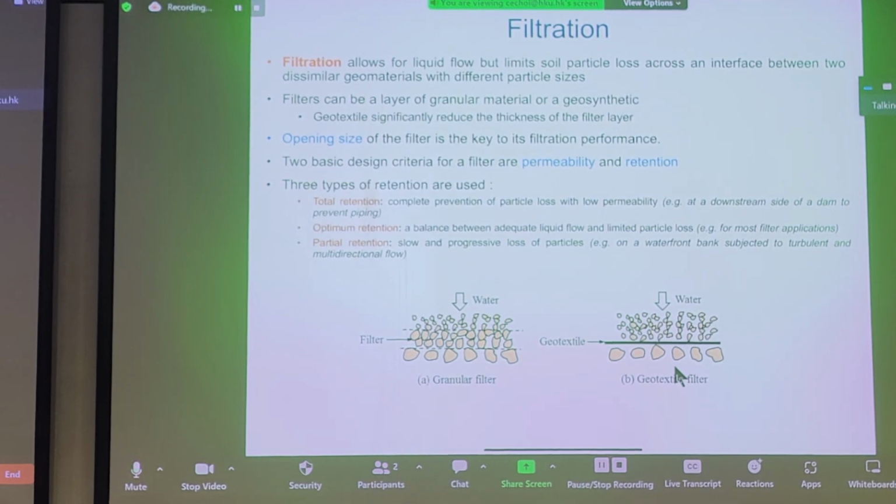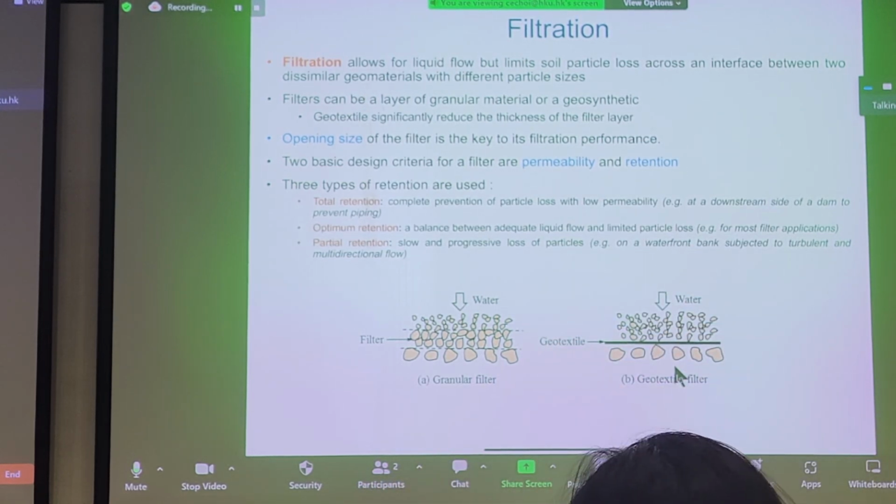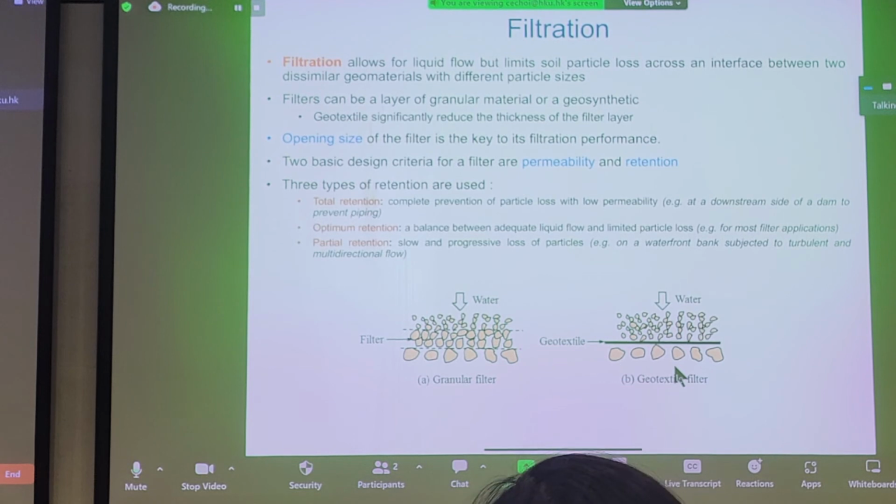Now, there's also one type of groundwater control measure, such as filtration. Filtration allows for flow, except it tries to not let particular particle sizes pass through. As I mentioned, you can create filters using soil on its own just by playing with the particle size, or you can use a geosynthetic.